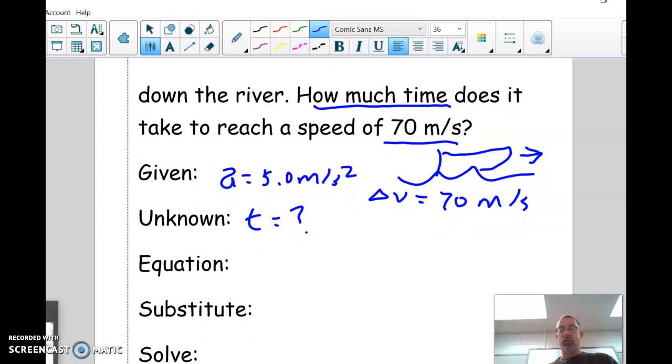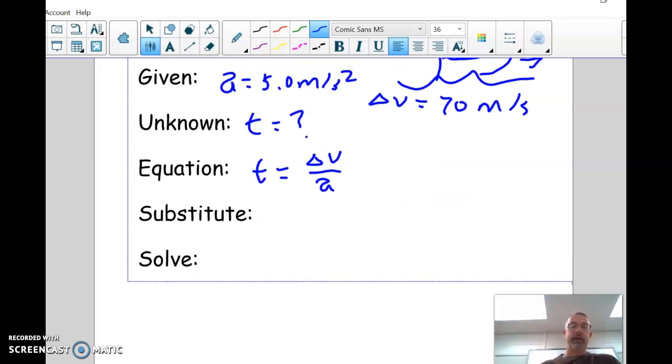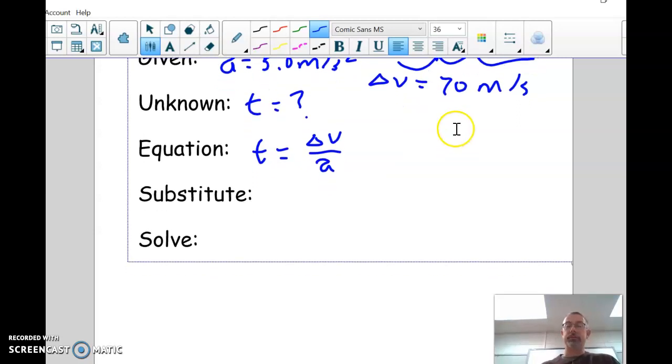So what is my equation to solve for time? Well, time is going to be, when I look at my equations, my change in velocity divided by my acceleration. I can just go to my triangle and look at that. That's what that triangle would say. I've got acceleration, change in velocity, I've got time. So if I want my time here, I'm going to take velocity divided by acceleration.